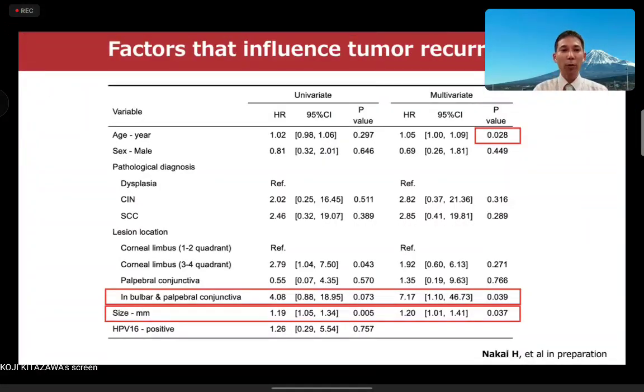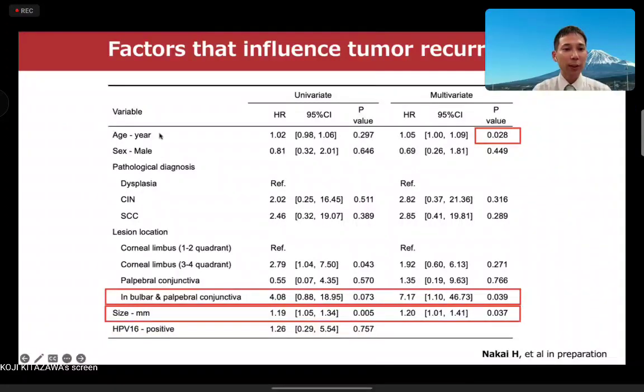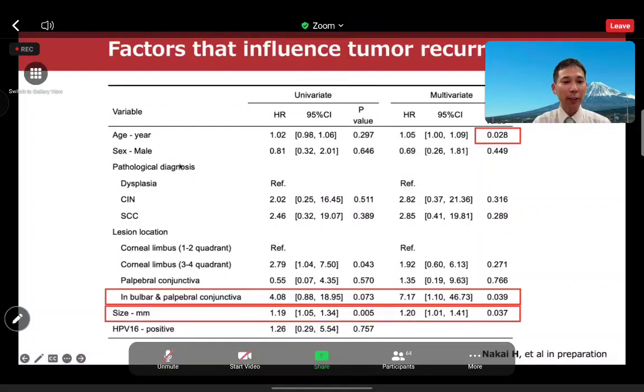We wanted to know what factor influences tumor recurrence. We first examined the patient background to see which variable is a risk factor: patient age, sex, pathological diagnosis, lesion location, size, and whether HPV-16 is positive or not. We found that age is one of the risk factors for tumor recurrence.